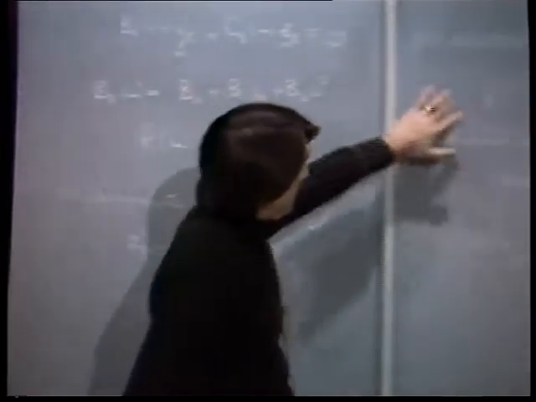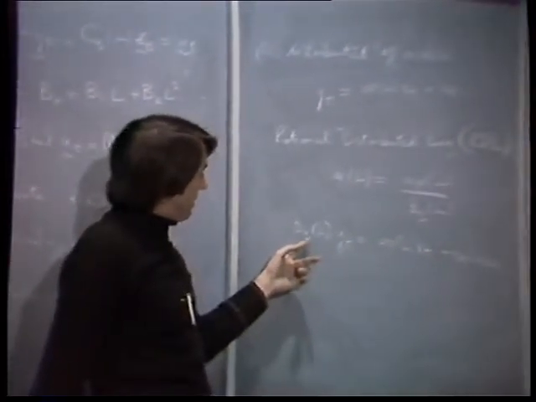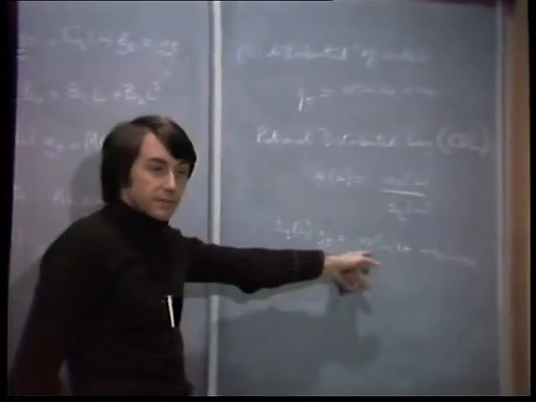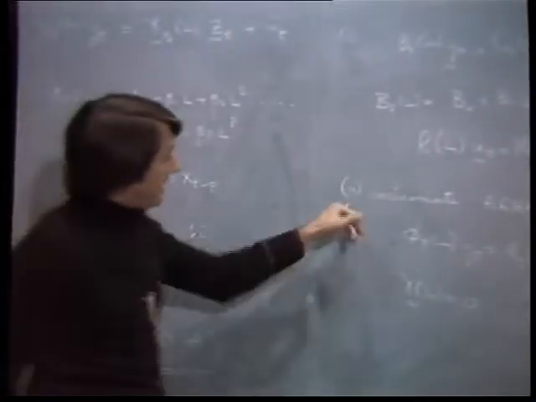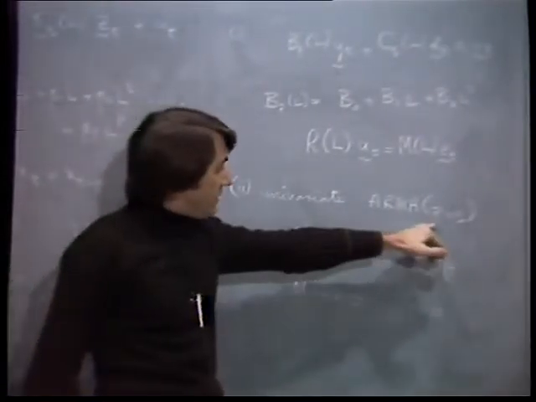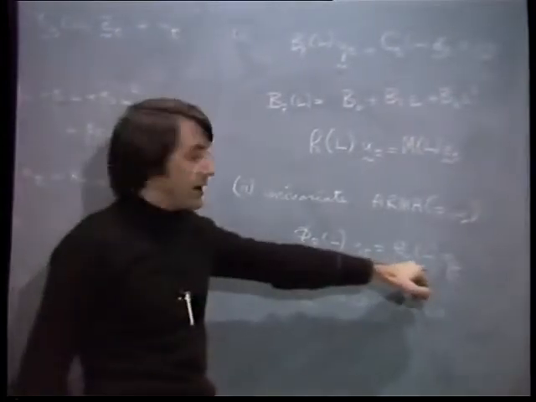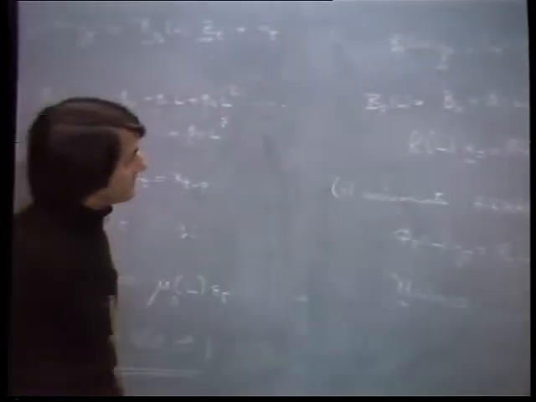But one of the major problems in distributed lags of this form is the determination of Q and P, the length of the lags. If we go back to the univariate ARMA processes, one of the major problems here is the determination of P and Q, the orders of the autoregressive and the moving average components.